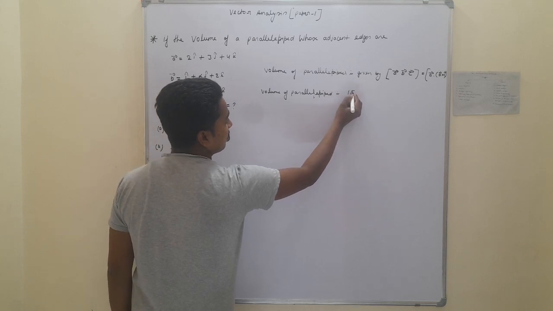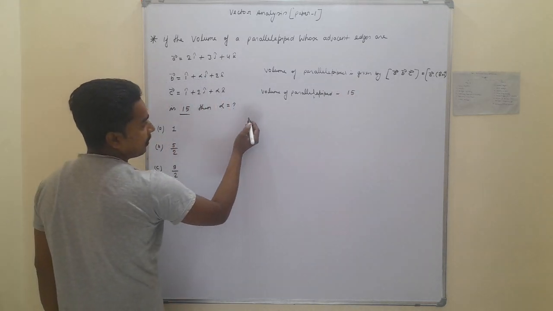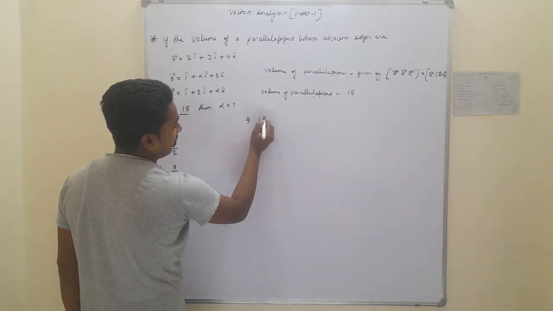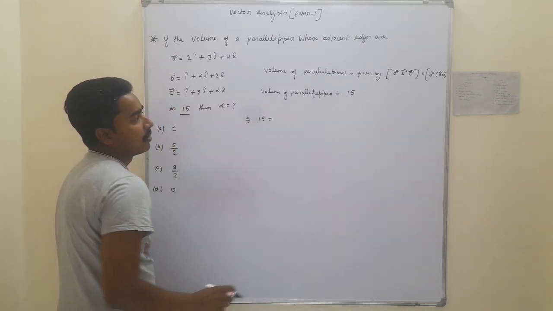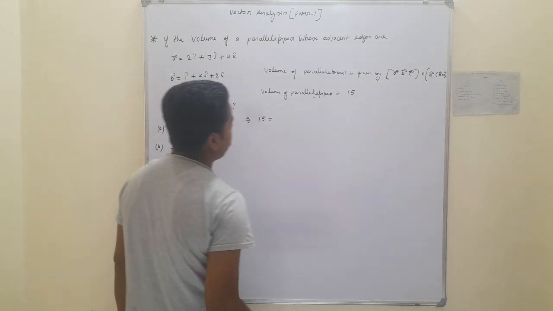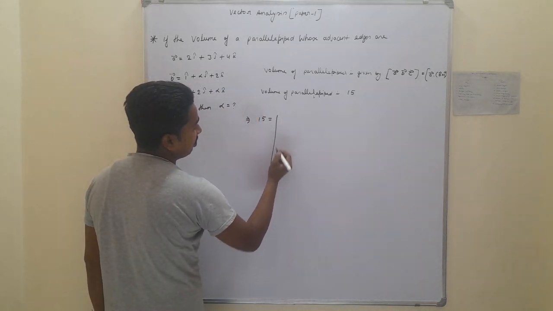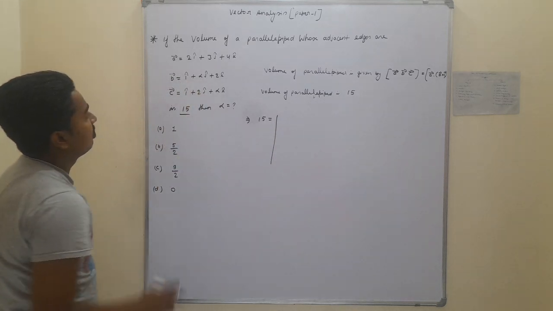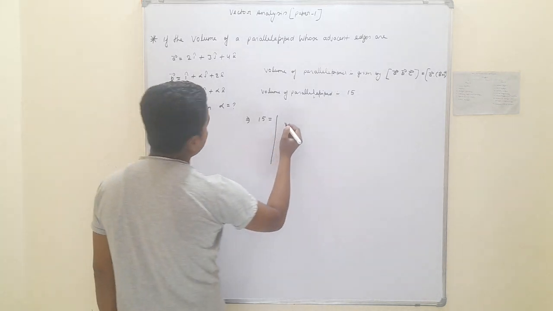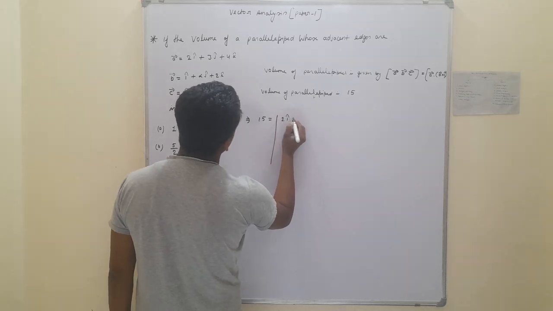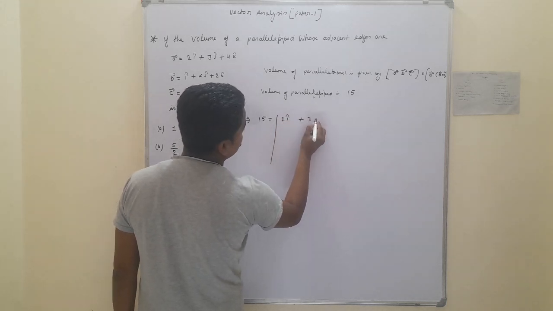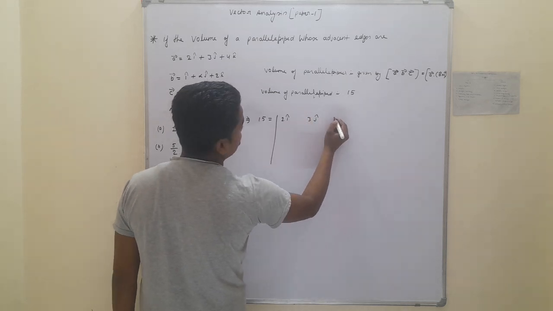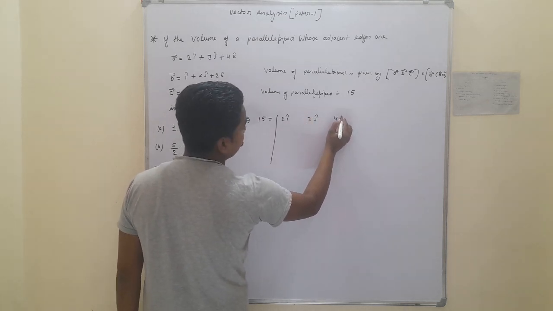The volume of the parallelepiped is 15, and the formula is given by the scalar triple product of A, B, C, which is the determinant of the vectors. A vector is 2i cap plus 3j cap plus 4k cap.